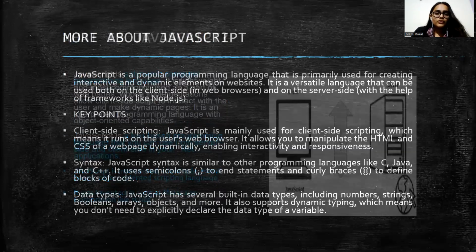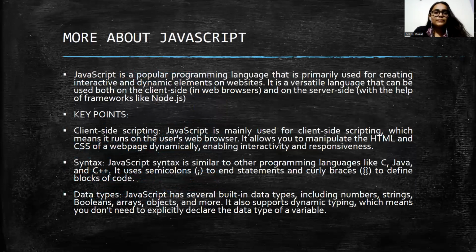So we'll talk more about JavaScript. JavaScript is the most popular programming language that is primarily used for creating interactive dynamic elements on websites. It is a versatile language that can be used both on client side in web browsers and on server side with the help of frameworks like Node.js.